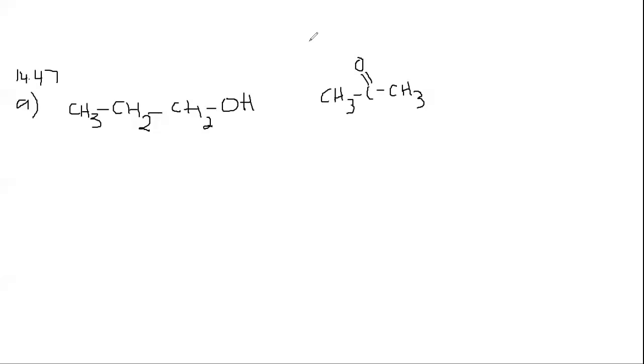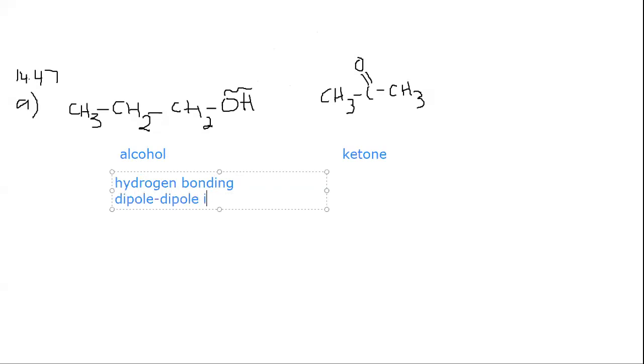Clearly you can see this is an alcohol and this is a ketone. Look at how I'm analyzing this by functional group. In alcohols, I can see the OH bond. If I see OH, that means it forms hydrogen bonding. So alcohol molecules are held together by hydrogen bonding and dipole-dipole interactions. We learned that.